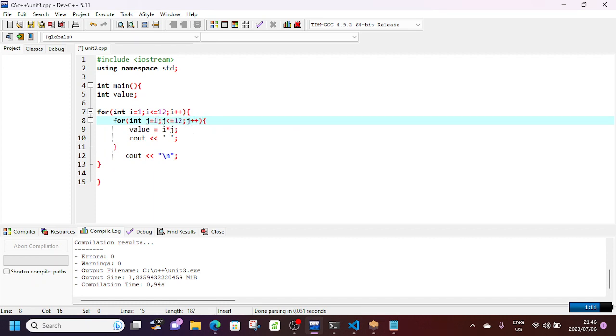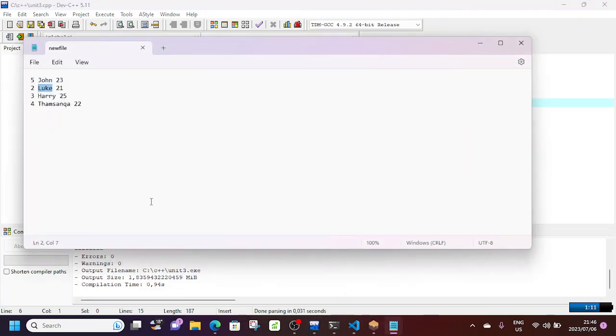Okay, you need to keep this in mind, right? Please keep this in mind, because this is very important. If you basically want to get a multiplication table, I'm trying to get you guys to understand the logic behind this, right?